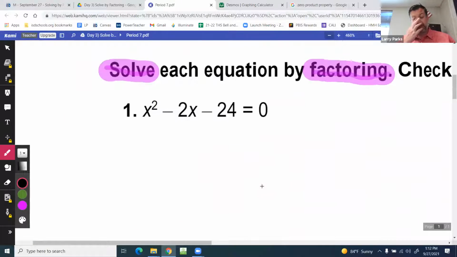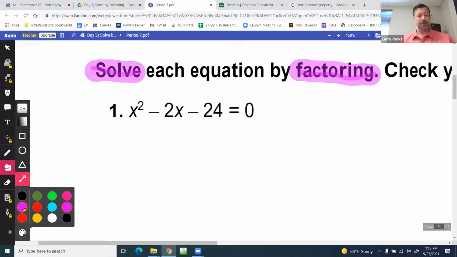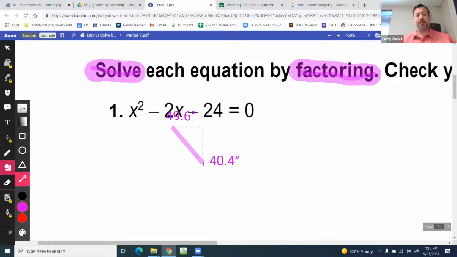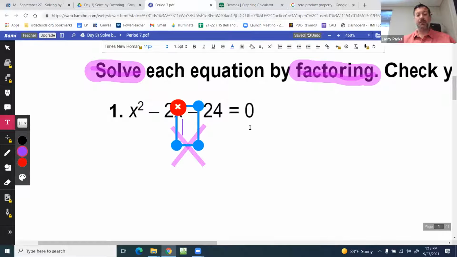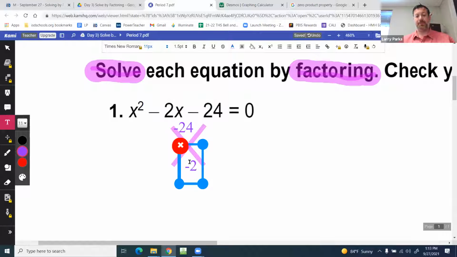So like on this one, we're going to use factoring. We're trying to make this square into 2 terms. So when I look at this, I notice that A is 1, and I have 1, 2, 3 terms. So where your brain should be going is to factor x. You're looking for 2 numbers that multiply to negative 24, but add to negative 2.